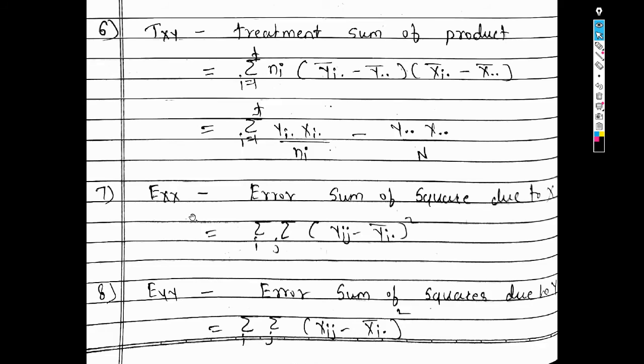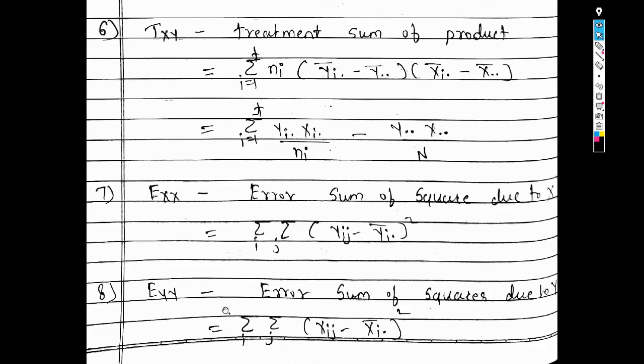Then next is error sum of square, and it is denoted by capital E. So Eyy is nothing but the error sum of square due to y observation, summation over i summation over j (yij minus yi dot bar) bracket square.